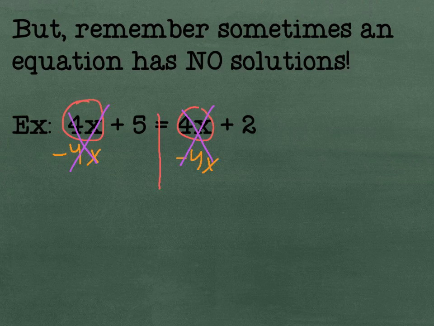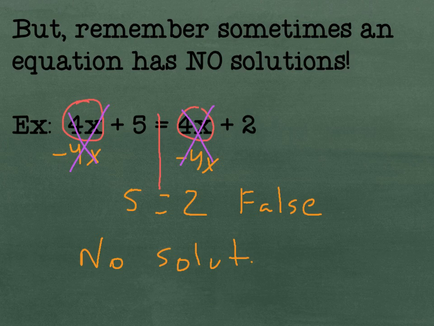So what I'm left with is 5 equals 2. Well, 5 equals 2 is a false statement. So in this case, we learned that for this particular equation, there was no solution, no answer.